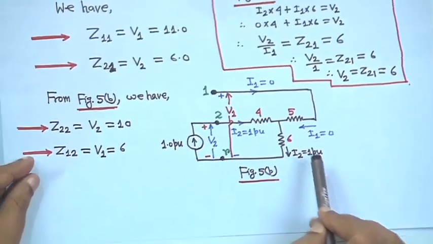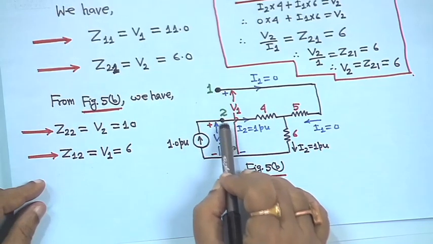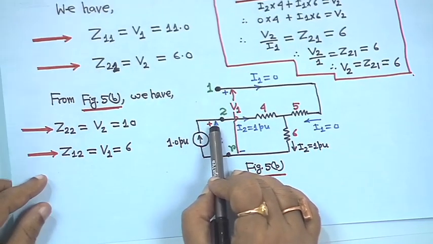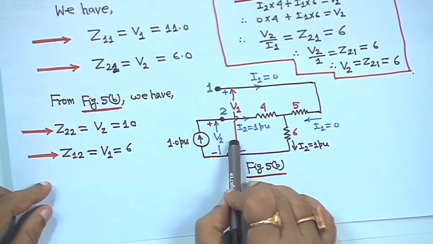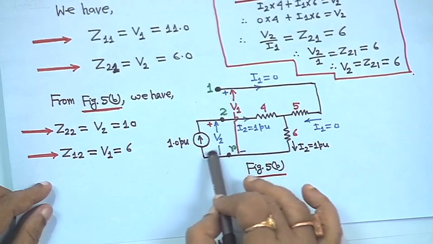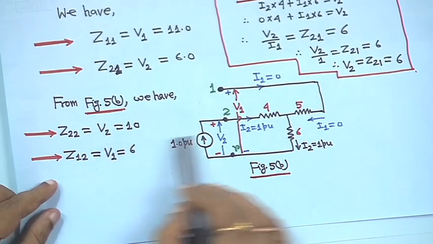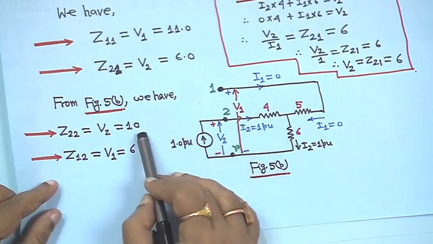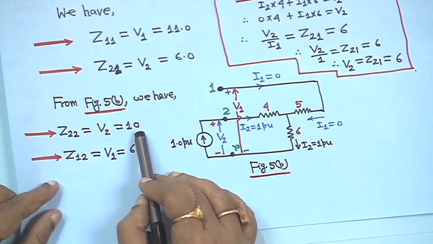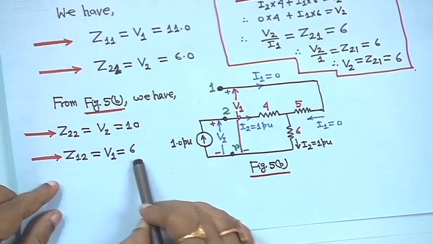Similarly, keep bus 1 open, and at bus 2 you inject 1 per unit current, and the same way you apply KVL once in this loop and once in the other loop. You will get Z22 is equal to V2 upon I2, because I2 is 1 per unit, you will get 10, and similarly Z12 you will get V1 by I2, that is equal to 6.